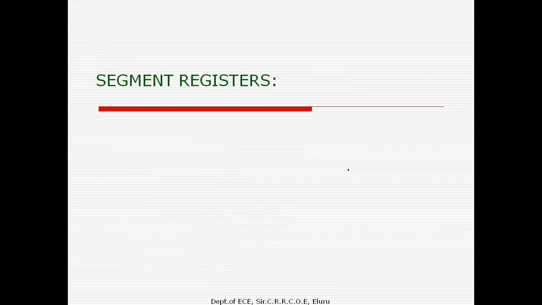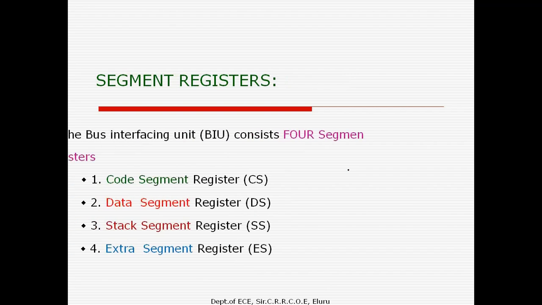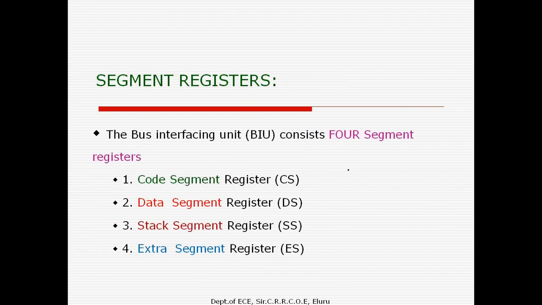So the first one is the segment registers. The 8086 bus interfacing unit consists of the 4 segment registers. They are the code segment register CS, data segment register DS, stack segment register SS, and extra segment register ES.